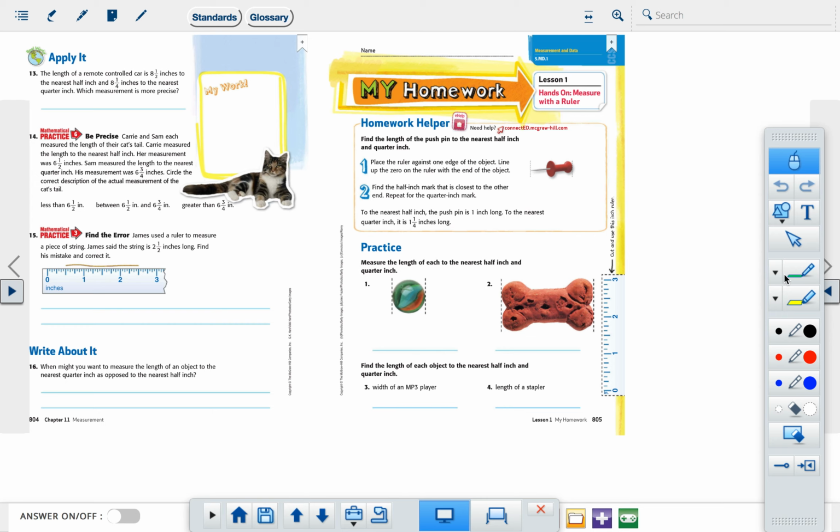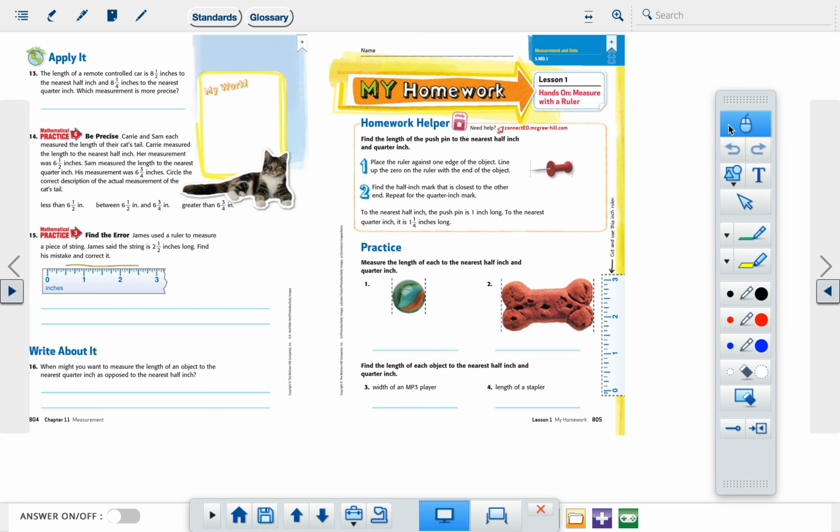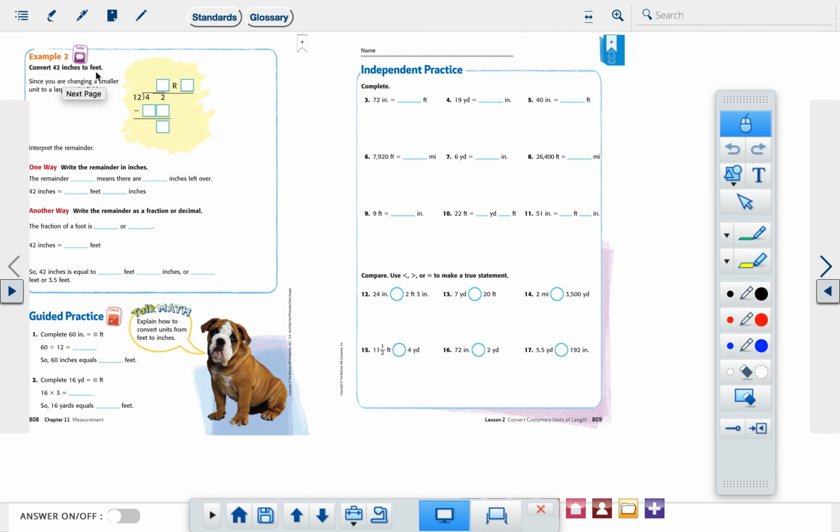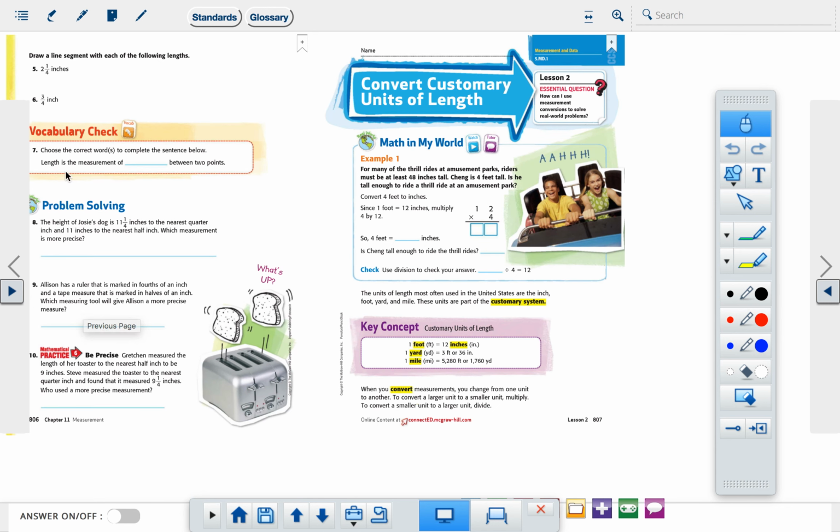Then you'll have the homework section. And you're going to do the same thing, the same measuring, and you can use this model for the actual length of the object. And then you will go on to drawing the line segments, using the vocabulary, and a few more word problems.